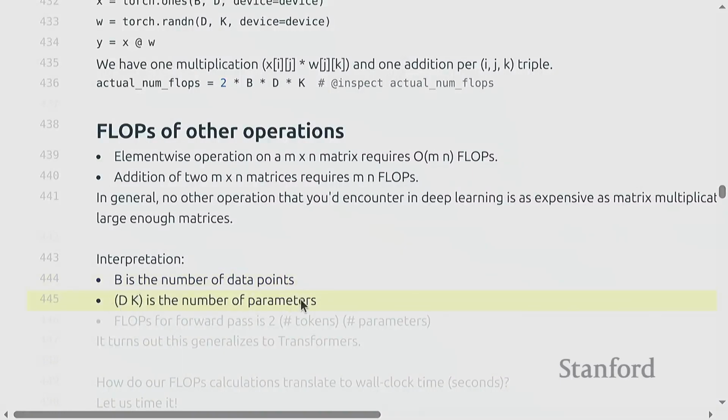So for this particular model, the number of flops required for a forward pass is 2 times the number of tokens, or number of data points, times the number of parameters. Okay? So this turns out to actually generalize to transformers. There's an asterisk there because there's the sequence length and other stuff, but this is roughly right if your sequence length isn't too large.